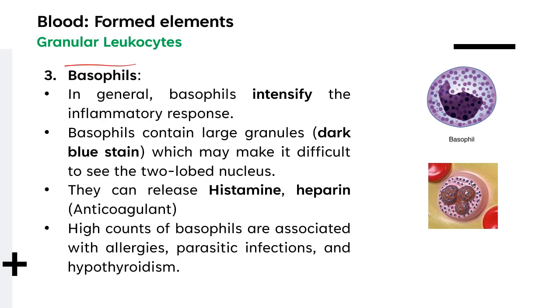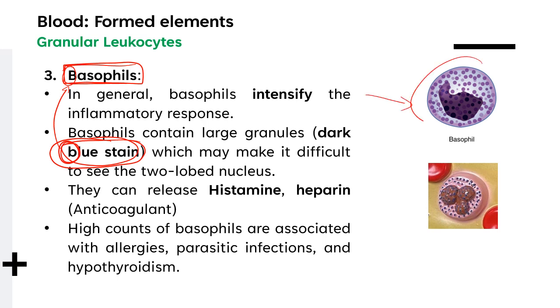The last granular leukocyte is the most rare, if you will. It's the one that we have just a few of. They're called basophils, and if you remember, I told you that they have granules with this dark blue stain. So if you remember blue, basophil, you will be able to say that is a basophil when you see a picture of that.